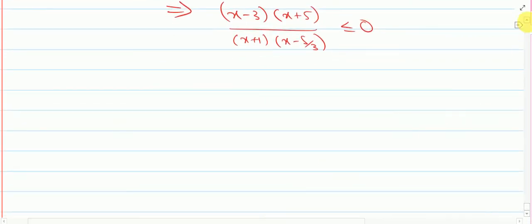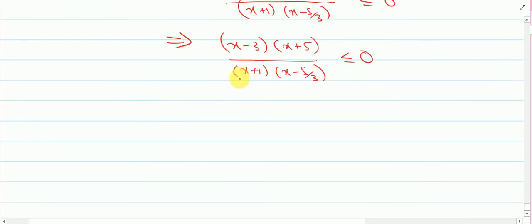Now what we will do is, here x plus 1 and here x minus 5 by 3. So we will multiply by x plus 1 and divide also by x plus 1, and we will also multiply by x minus 5 by 3 and divide by x minus 5 by 3. So this step is important.